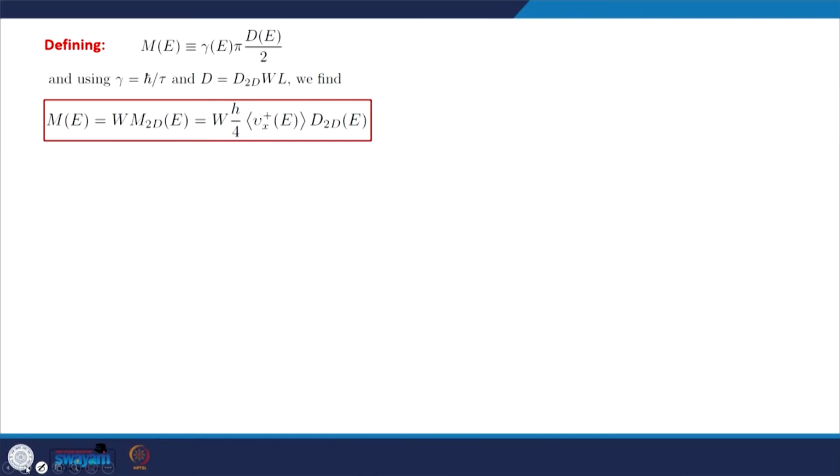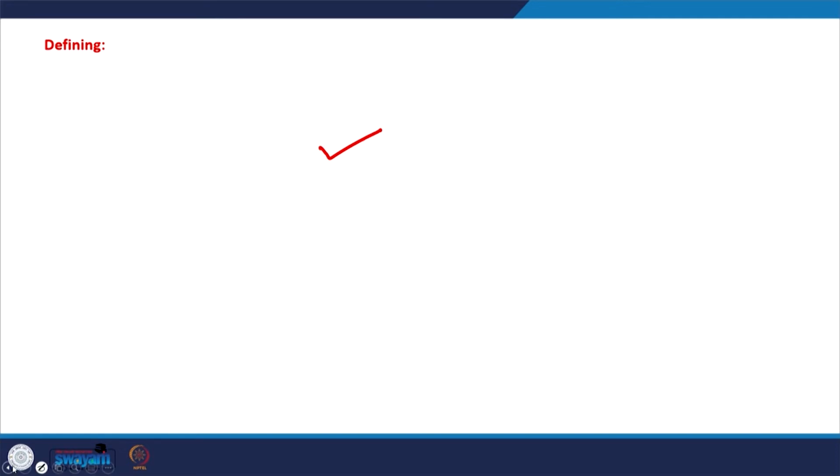Okay, so this is what we have. This is for the 2D channel, and this is all we have seen. Finally, this is another way of writing the number of modes in a 2D channel like this.